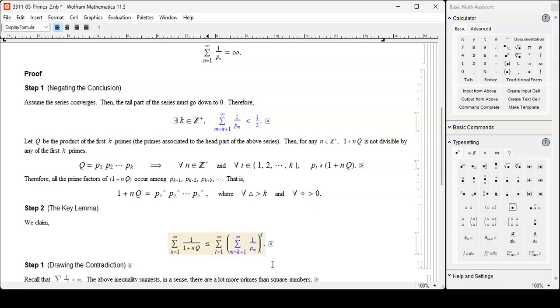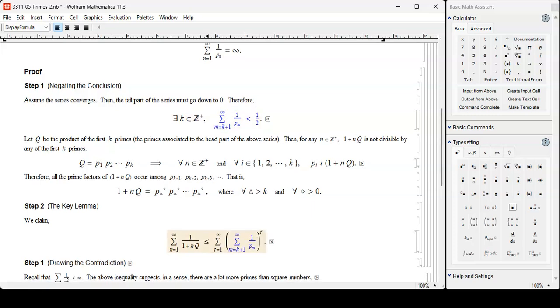So if I put that here, then this entire thing is less than the geometric series, 1/2 to the t power. And this is certainly finite. Not only that, we can use the geometric series formula.